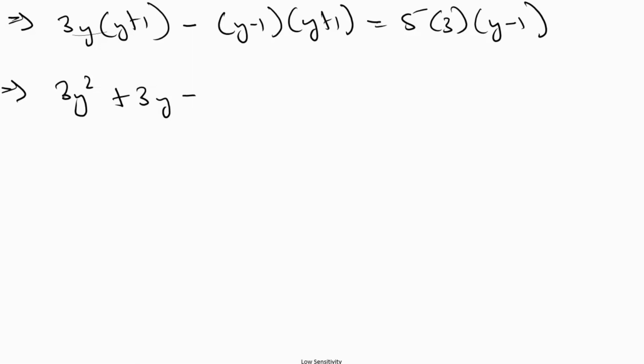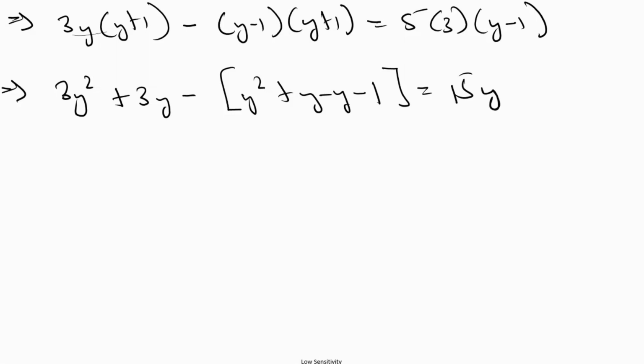So here minus, y times y is y squared, plus y minus y, minus 1, equals 5 times 3, which is 15.